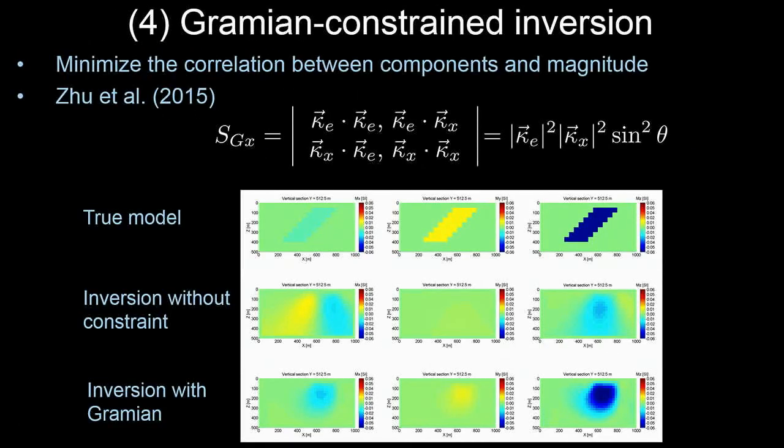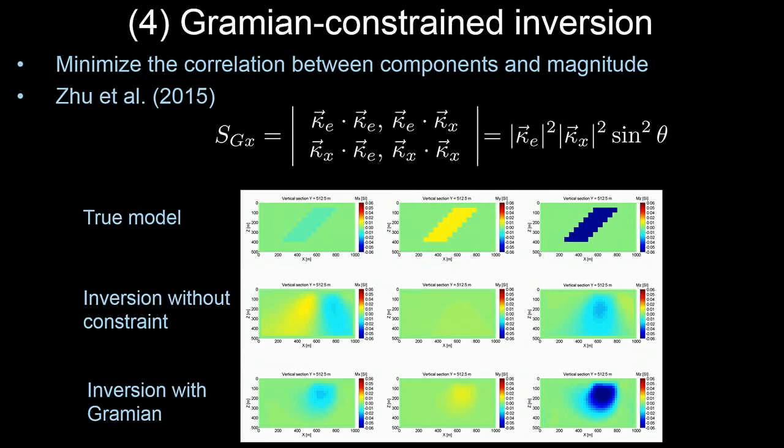The fourth one is a Gramian constraint by Zhu and others, basically Steinhoff's group. They've been using this for joint inversion quite a bit, but deep down, the Gramian is basically the determinant of a 2x2 matrix made of the inner products of 2 model vectors. You simplify this, and it comes back to something proportional to sine theta squared, where theta is the angle between the 2 vectors.